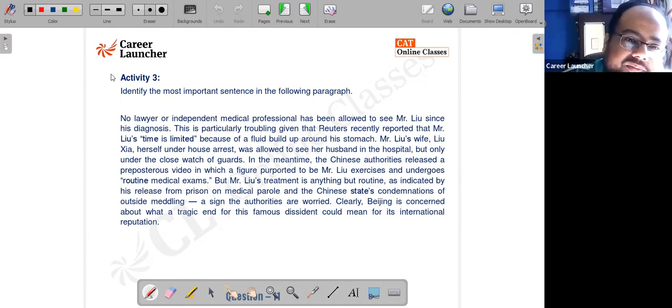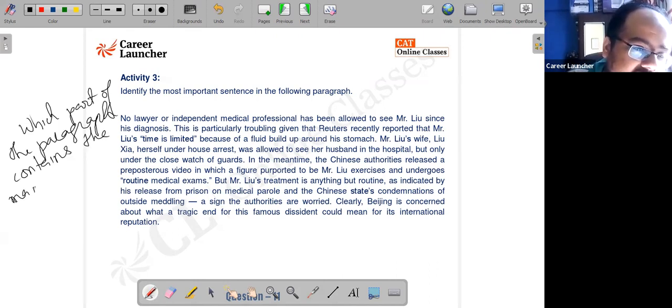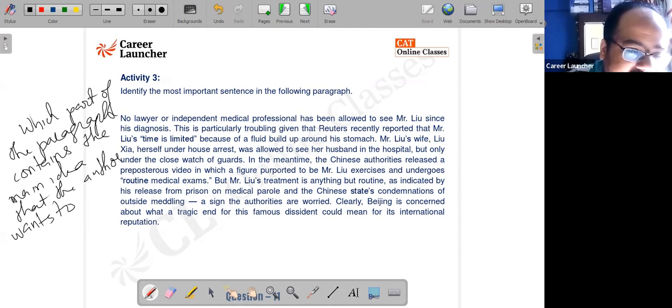I repeat, read this paragraph, understand what the author wants to say, and try to identify which part of the paragraph contains the main idea that the author wants to communicate.